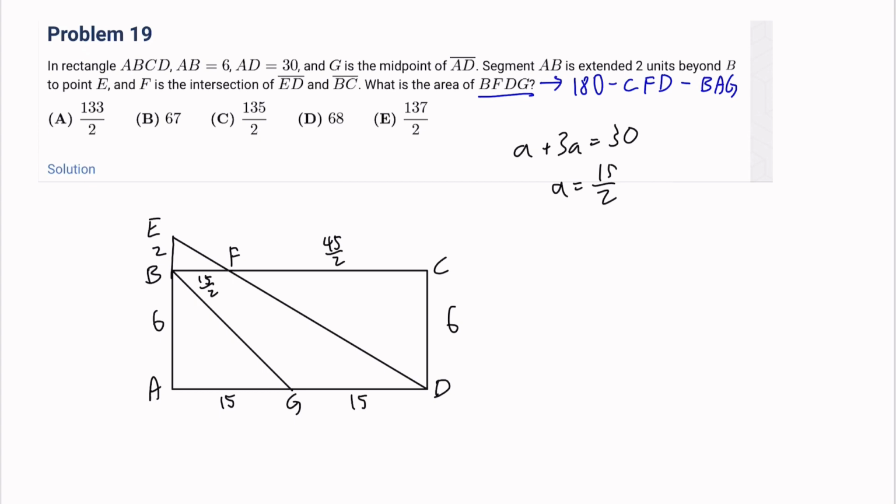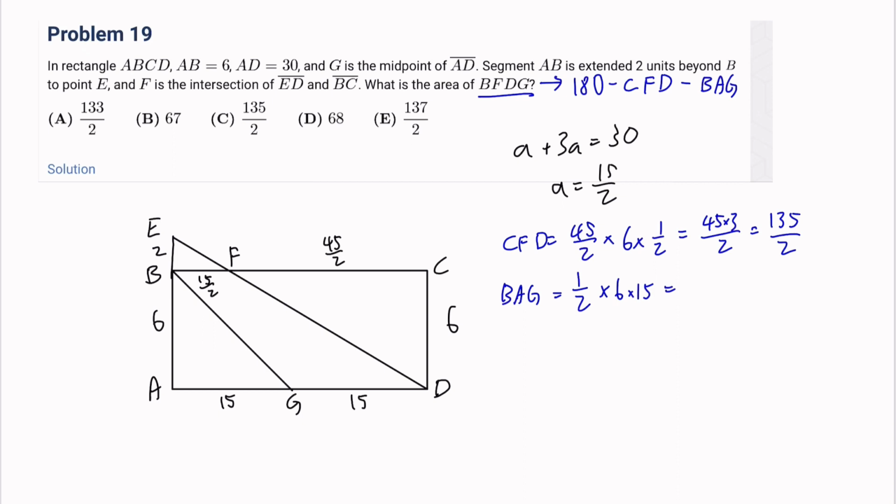And then CFD is 45 over 2 times 6 times 1 over 2. This equals 45 times 3 divided by 2. This equals 135 over 2, right? And we know what BAG is. BAG is 1/2 times 6 times 15.